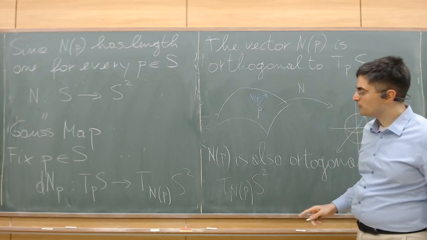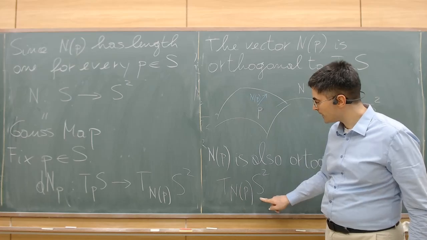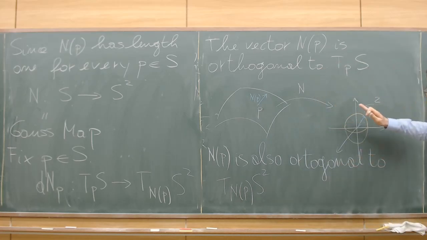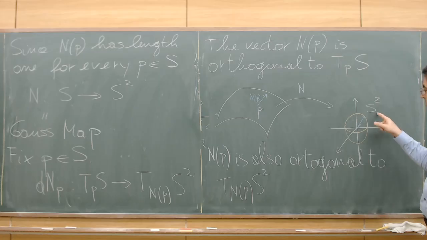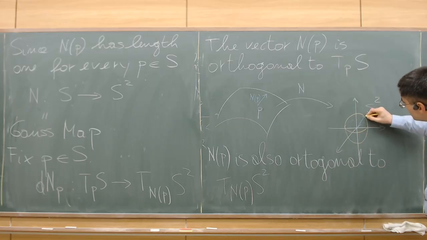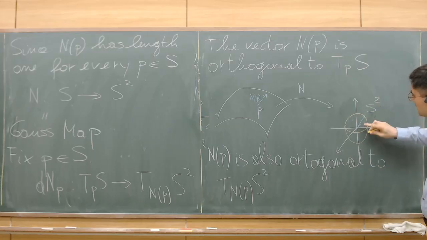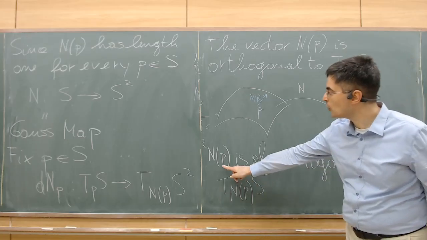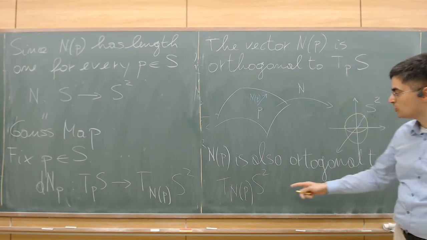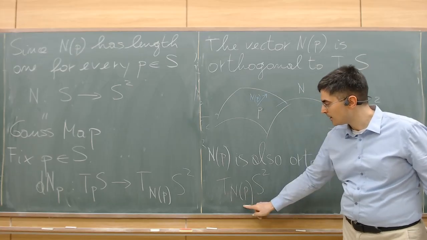If you think of T_{N(P)} S2 as a plane tangent to S2 at the point given by the tip of N of P, then it's clear that N of P is orthogonal to any vector in T_{N(P)} S2.